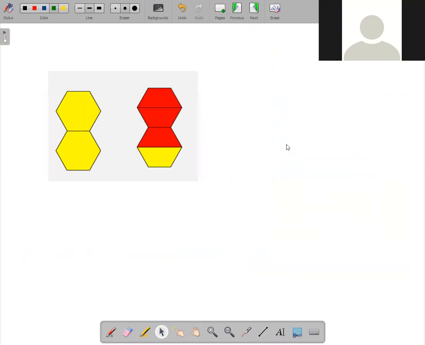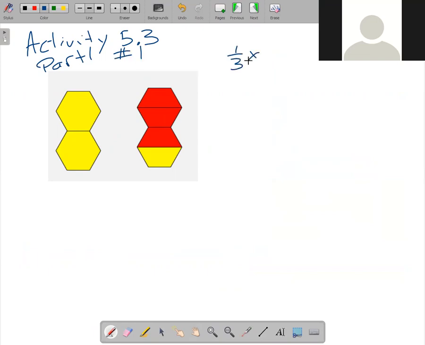All right, so this is again activity 5.3. This is part 1, number 1. I want to know what is 1/3 times 3/4, which means what is 1/3 of 3/4.